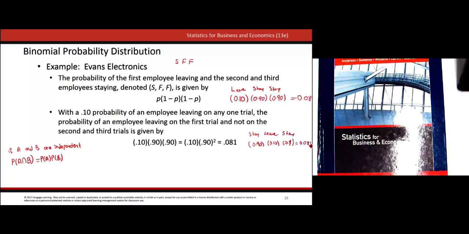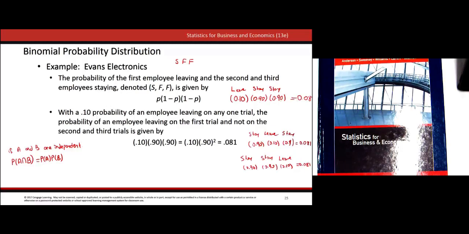Same probability 0.081. What is the other sequence? Leave, stay, no, we did that one, so stay, stay, leave. First one stays, second one stays, third one leaves. Probability 0.081.